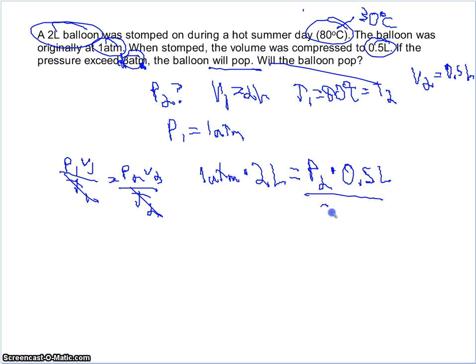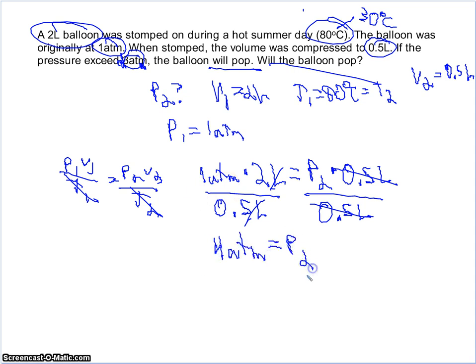But let's solve it. So we need to get P2 by itself. So we're going to divide both sides by 0.5 liters. Those divide out. Liters cancels. We have 2 divided by 0.5. So I know 0.5 goes into 2 4 times. So I have 4 times 1. So 4 atm equals P2.